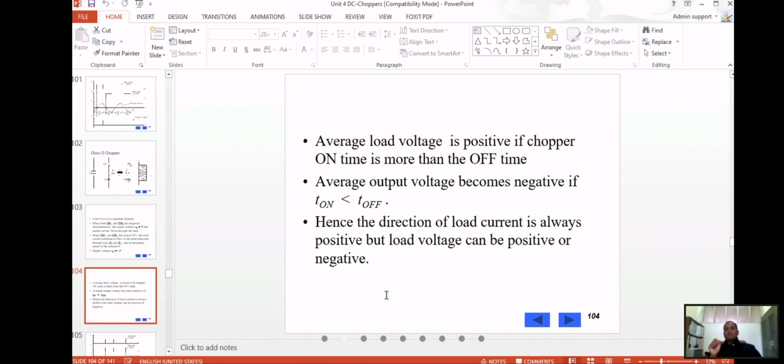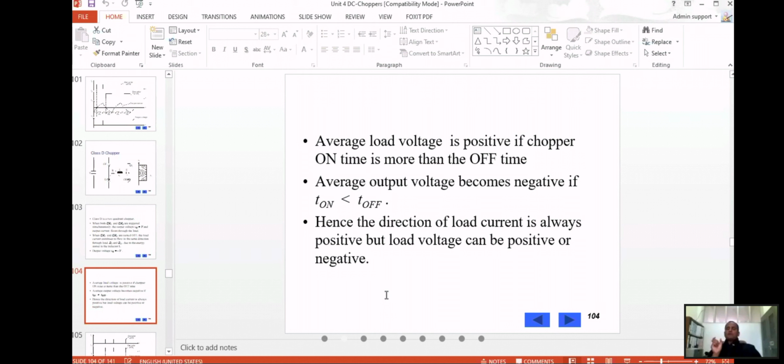What you have to know is how long this chopper is kept on. The output will depend on the turning on time period. So if you see here, the sentence itself says the average load voltage is positive if the chopper on time is more than the off time.